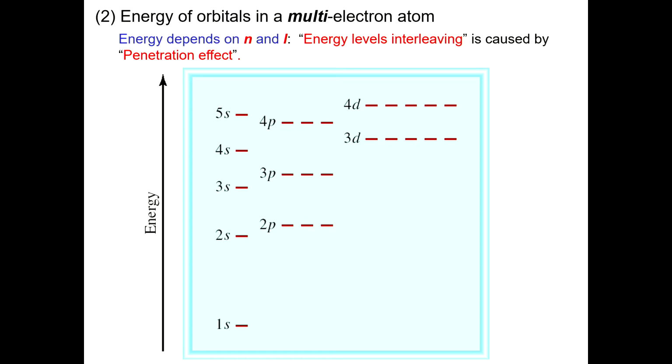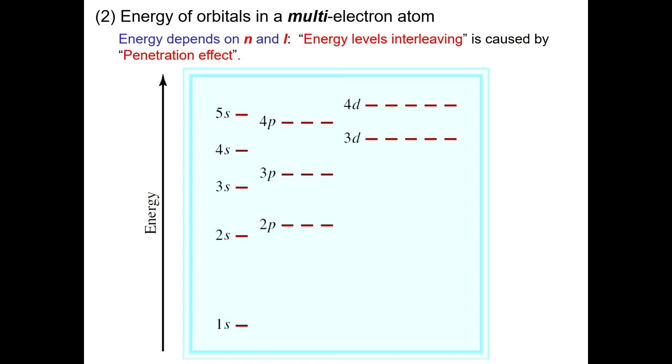After the penetration effect, we can say 1s and 2s are lower than 2p. 3s is lower than 3p, and 4s, and 4p is also lower than 4d.